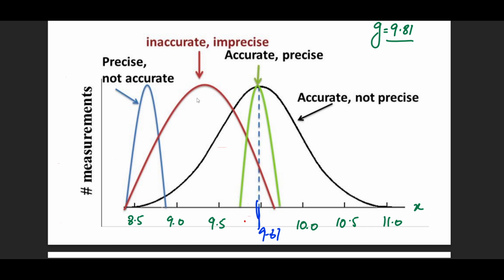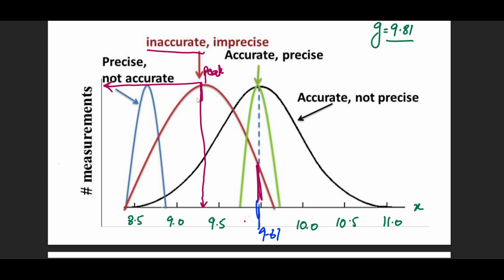We can see that the peak of our value is not at 9.81, although this graph goes to 9.81. Is the peak at 9.81? No, it's not, which means that this is inaccurate. The highest probability answer, the answer that got the largest number of results, is even less than 9.5.